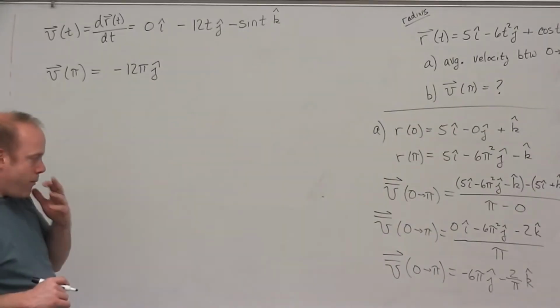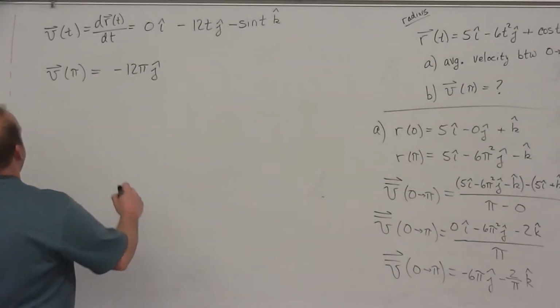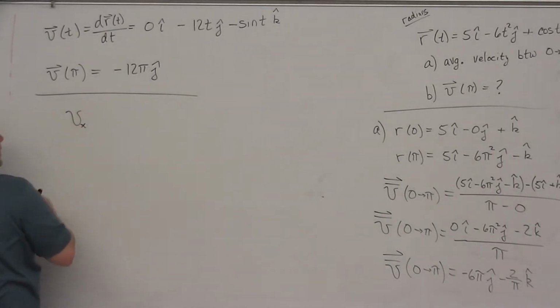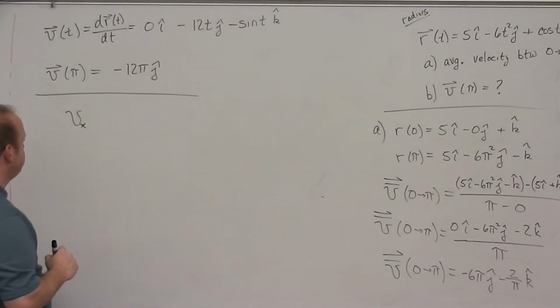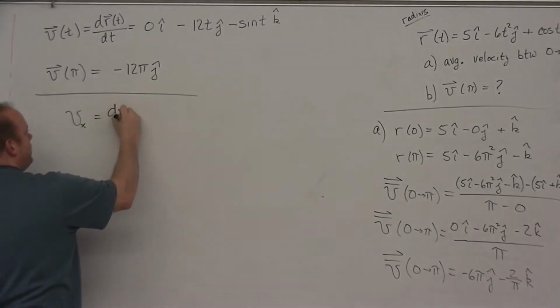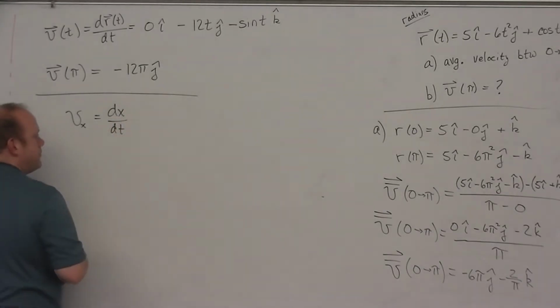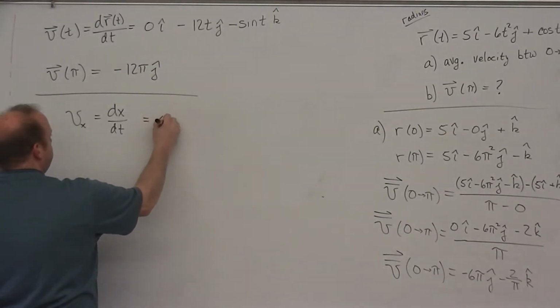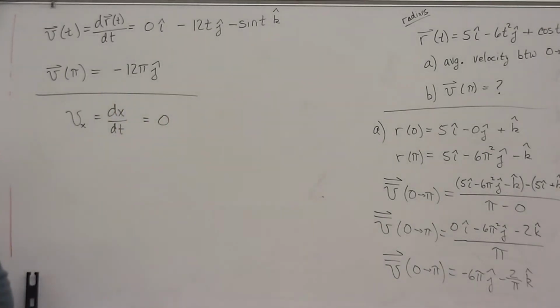Now, a couple other things I should point out. Let's just say I want to know what my velocity in the x direction is at any time. Well, my x component of velocity is just dx dt. In this particular case, that's 0 because the derivative of 5 is 0.